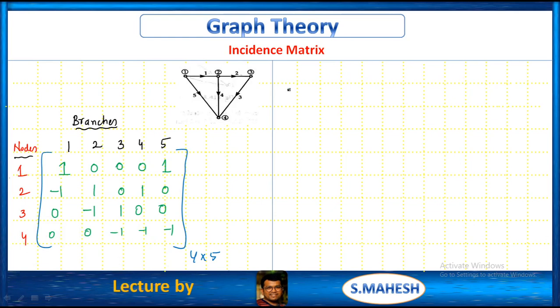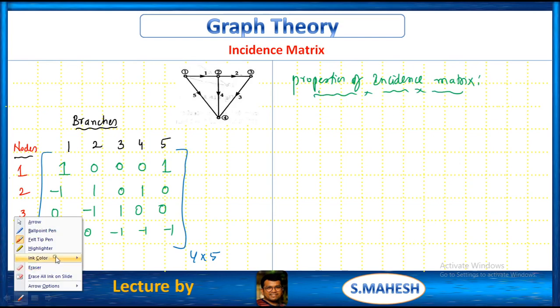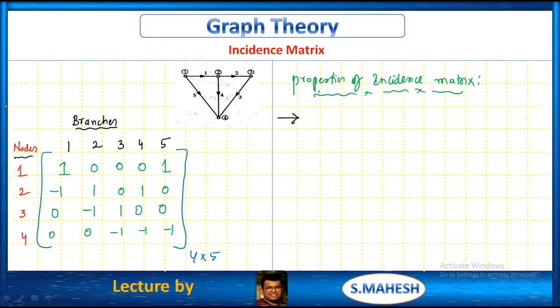Next, we have to discuss the properties of the incidence matrix. First one, please listen carefully. This concept is very much important for competitive examination purpose. These points are very important.